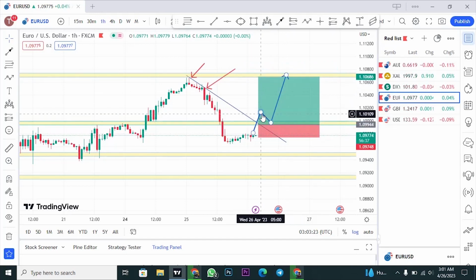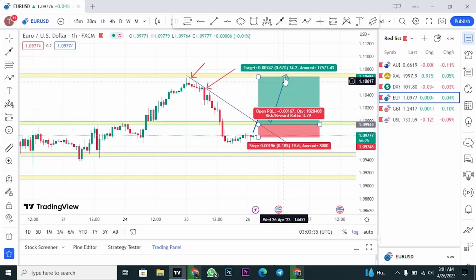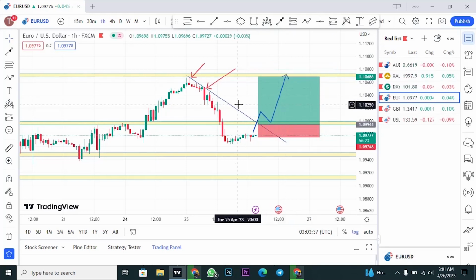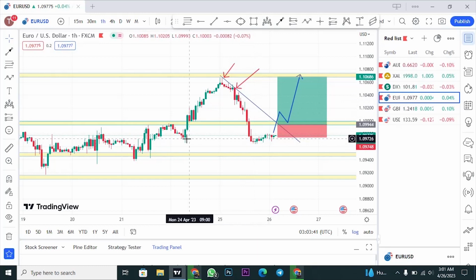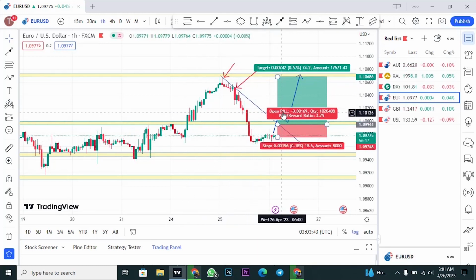If price breaks out of this zone right here, I will wait for a mini retest, then I will enter the market right at this support region and then a push to the upside. You can see clearly since price has broken out of it, I can say maybe here is also a support, so I'm taking my bias right here.